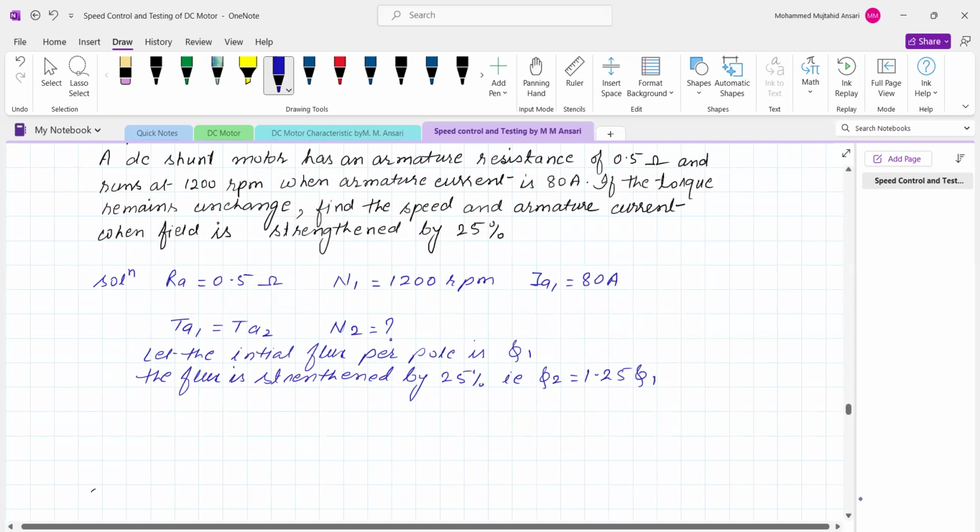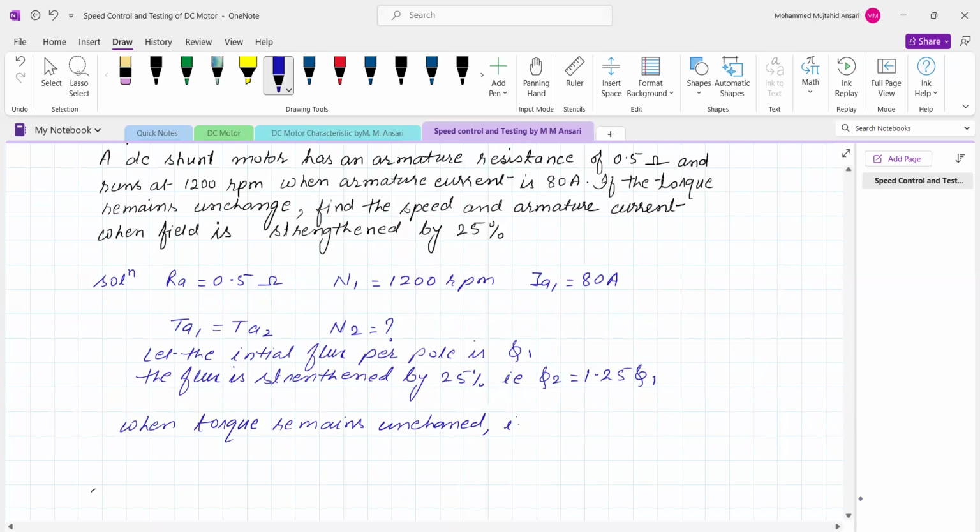So when torque remains unchanged, torque is directly proportional to flux and armature current.